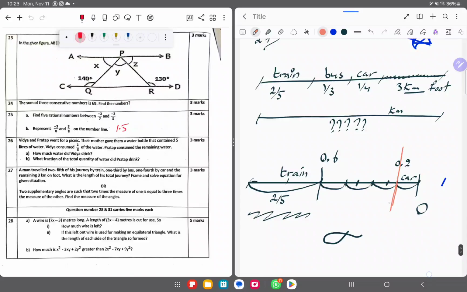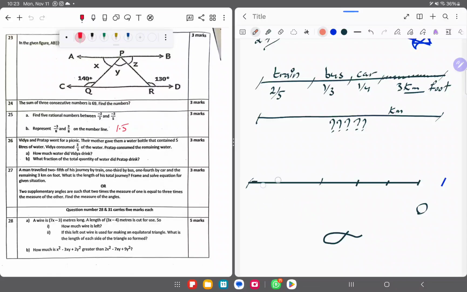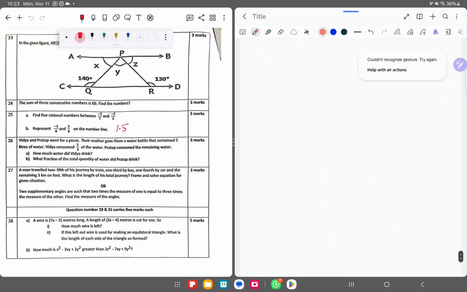No, how is this 0.2? Why am I confused? Why is this confusing? Again. A man traveled 2/5 of the journey by train.